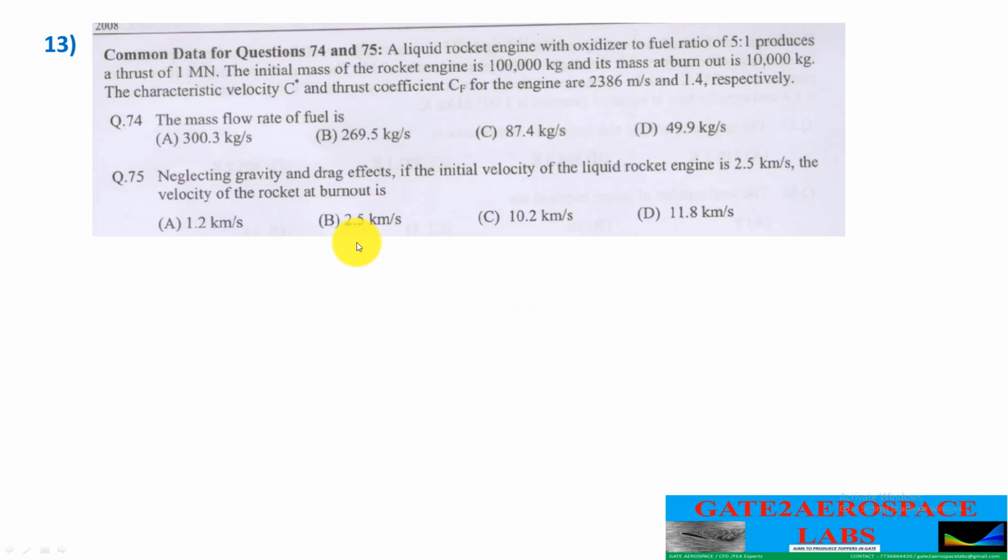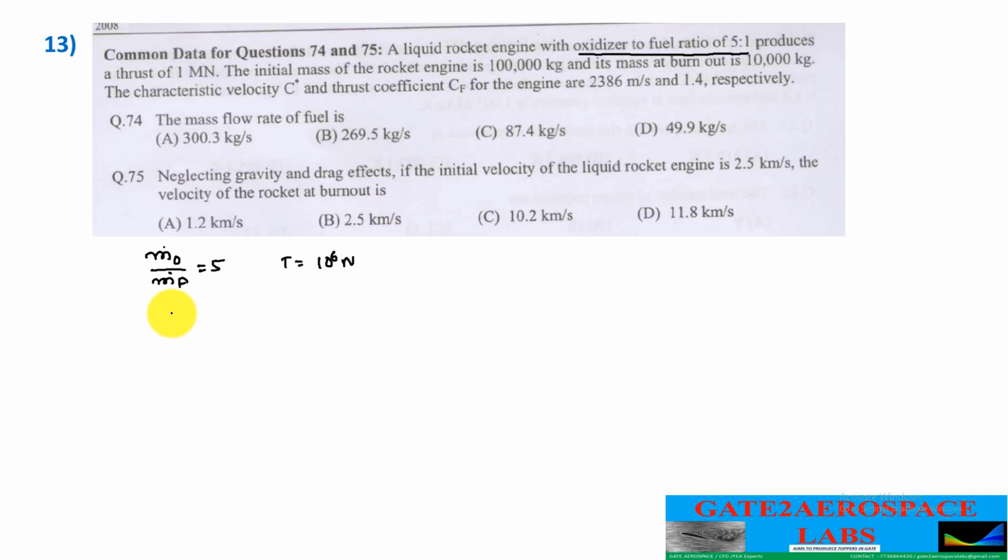Next question. In this question, ratio of oxidizer to fuel is given. Ratio of mass flow rate of oxidizer to fuel is 5, and it produces a thrust of 10 to the power 6 Newton.